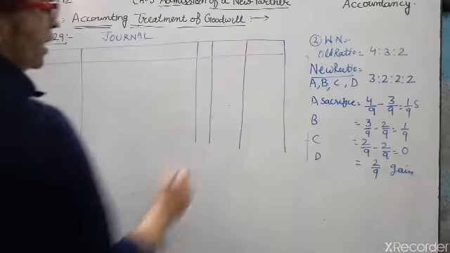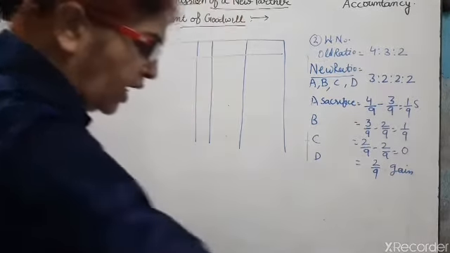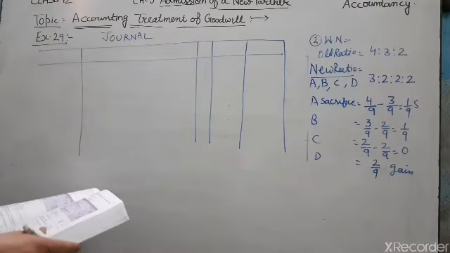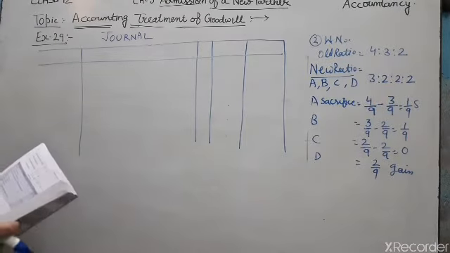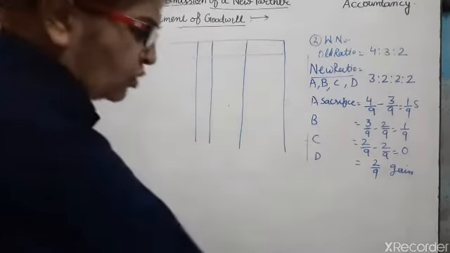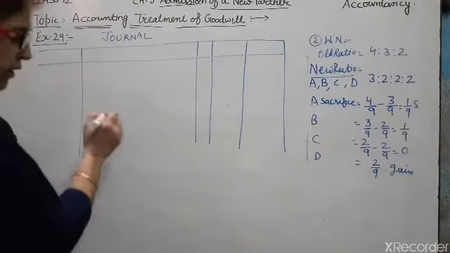First of all, D brings his share of goodwill 80,000 and his share of capital 3 lakh rupees. So the total amount brought by D is 3,80,000.